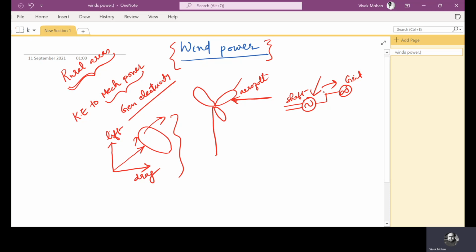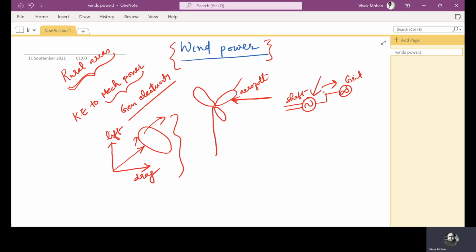The modern wind machines have problems with the production of electricity when the wind is not steady. Naturally, the wind flow is not steady. Its velocity is always fluctuating, so the power produced by the wind turbine is also fluctuating. So there should be some control in place to make the output power steady.